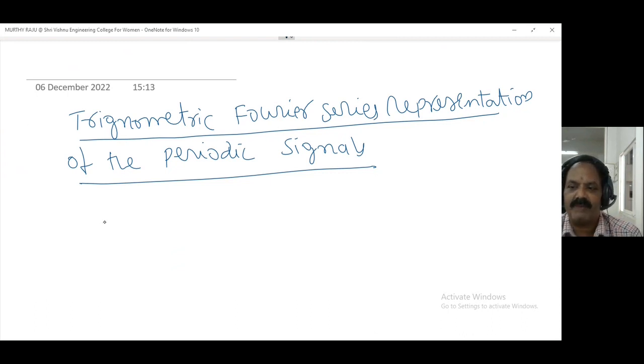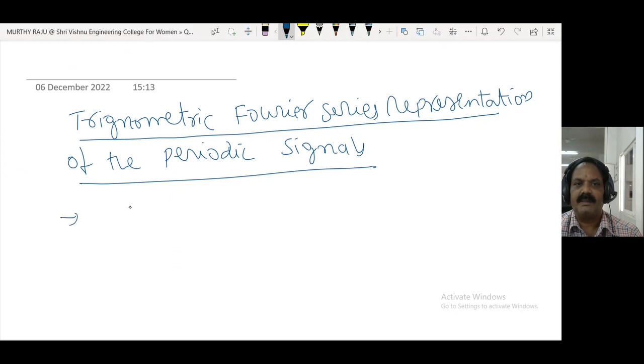A periodic signal means a periodic function x of t is one that repeats every T naught seconds. That is the definition of a periodic function.